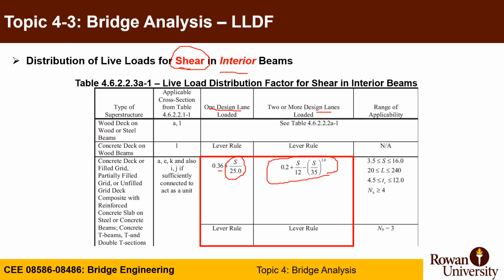The applicability, as you can see here, is similar: 3.5 to 16 feet spacing between girders, 20 to 240 feet span length, 4.5 to 12 inches thickness, and 4 or more girders. If you have 3 girders, you are always going to use the lever rule.